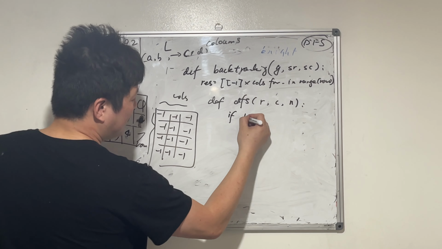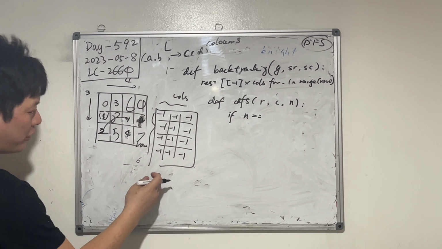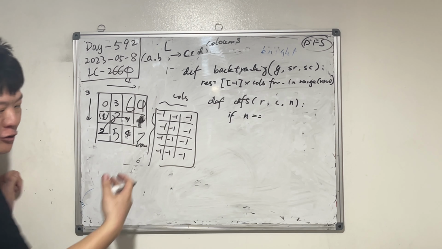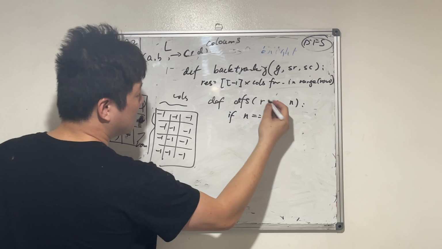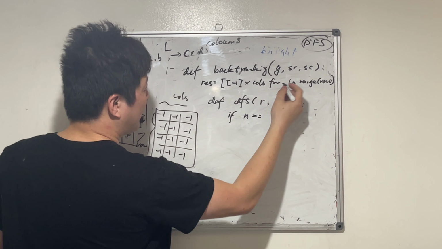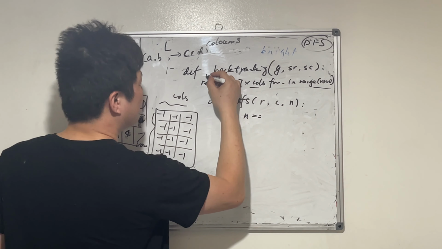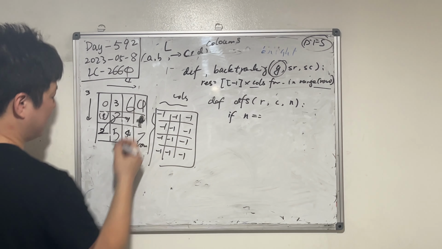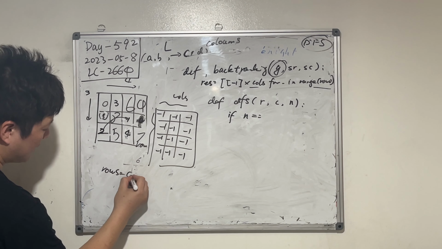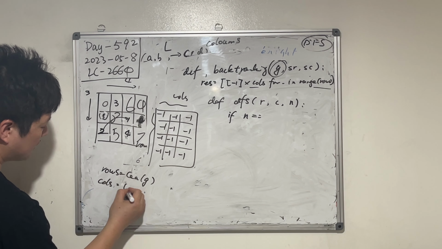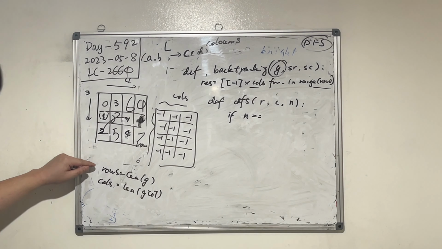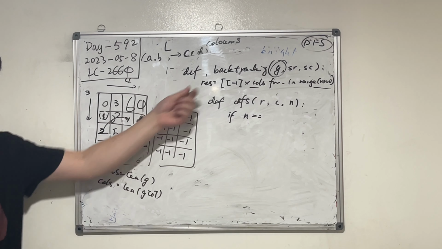If this n is already 12, so if n equals the number of rows and columns, where rows and columns are the size of the grid, so rows equals the length of grid, columns equals the length of grid 0. We want to get the dimension of the rows and columns of the grid.